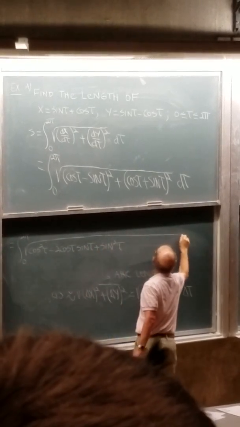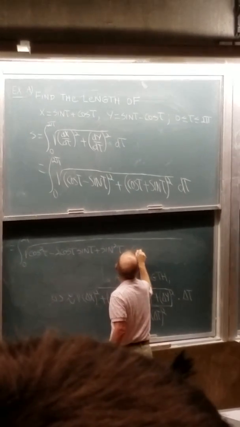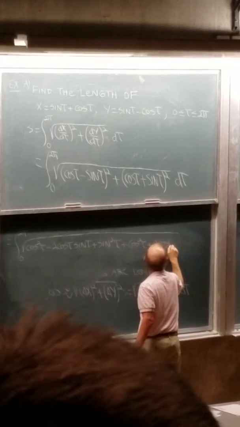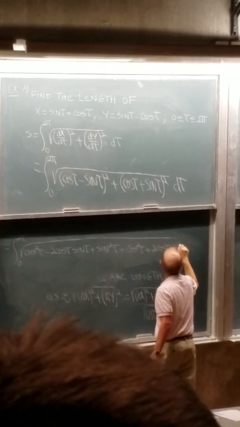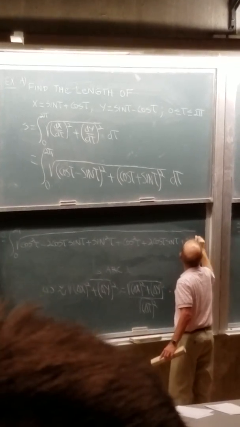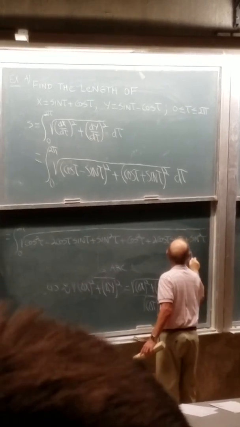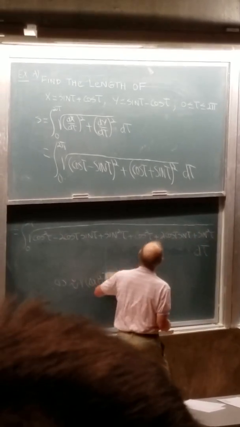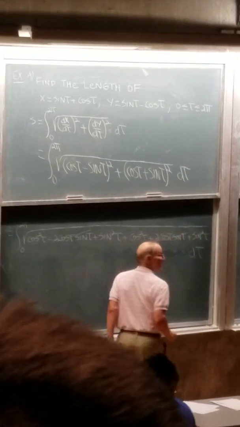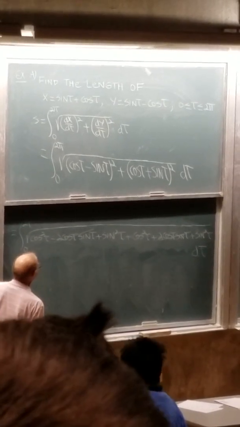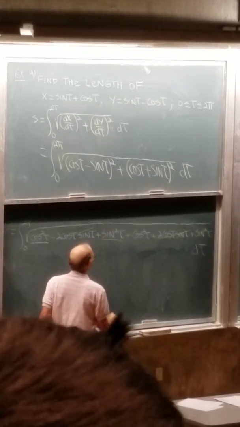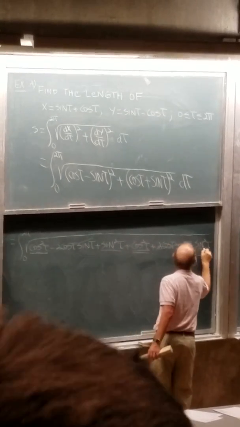In the second term, we get almost the same thing: cosine squared t plus 2 cosine t sine t plus sine squared t, and this is all dt. Now we can cancel the two middle terms, and cosine squared plus sine squared gives 1. Similarly, this cosine squared plus this sine squared gives 1 as well.